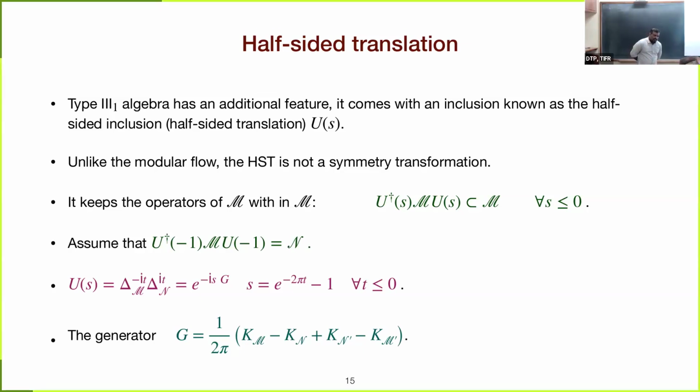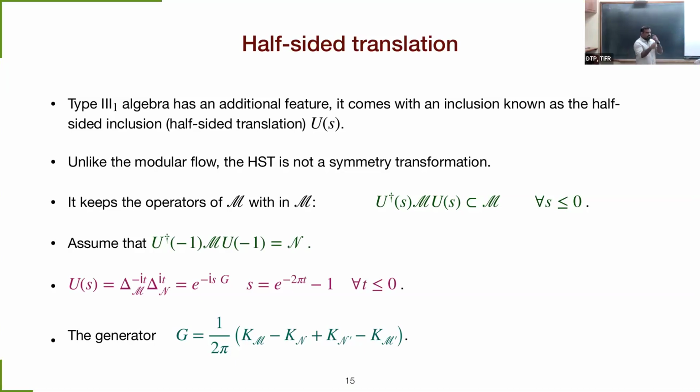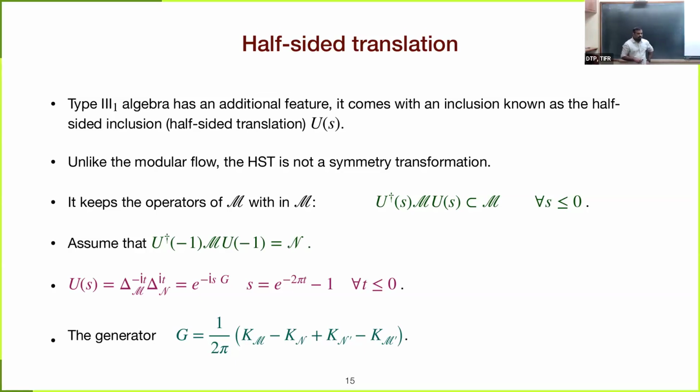Exactly. Then you can construct a half-sided translation operator. And what happens if you have an M and you don't have a suitable N? In general, the statement comes with an if. Okay, so there are some properties that N must have. Yes, exactly.